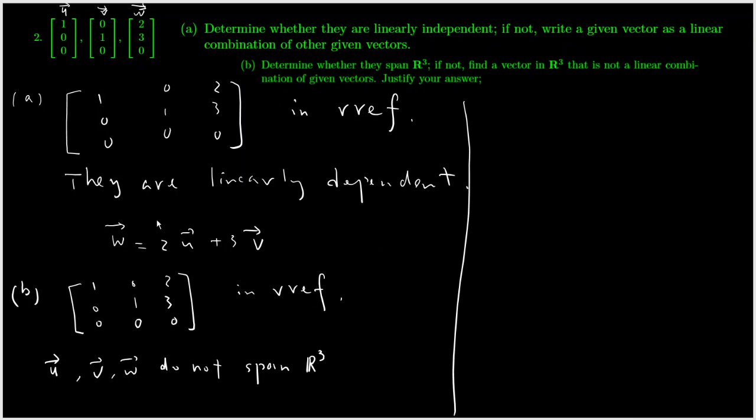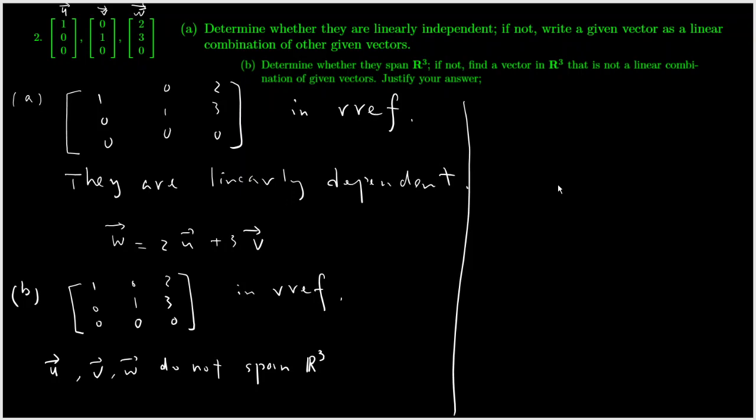In general, if you want to show at least one vector in R3 is not in the spanning set, it's not a linear combination of U, V, and W: if the answer to question B is no, then at least one of the three vectors 1 0 0, 0 1 0, 0 0 1 will work.